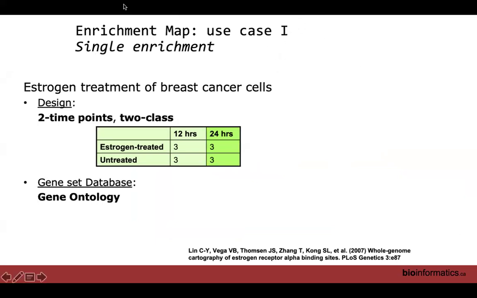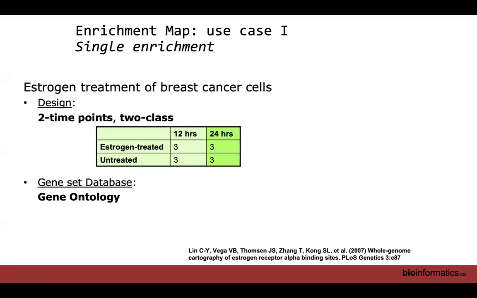So the first use case scenario for an enrichment map is a single map use case, a single experiment. The example here is simply a treatment of breast cancer cells with estrogen at 12 hours and 24 hours.